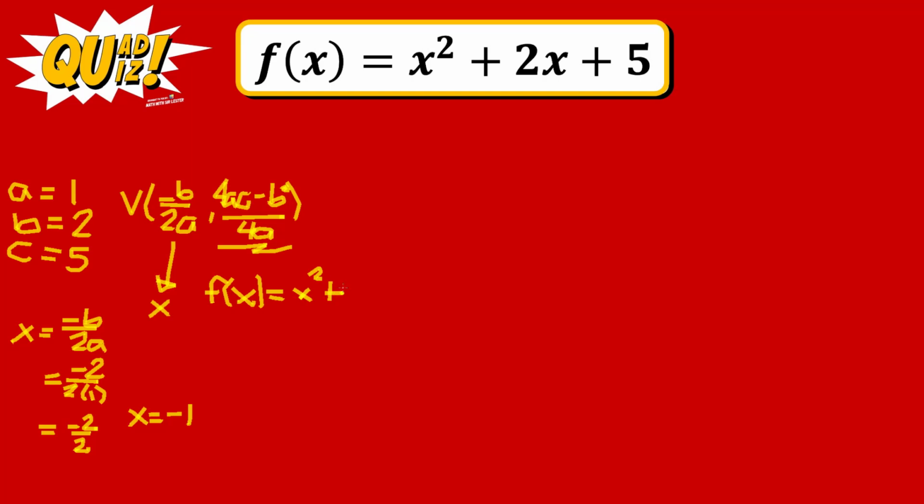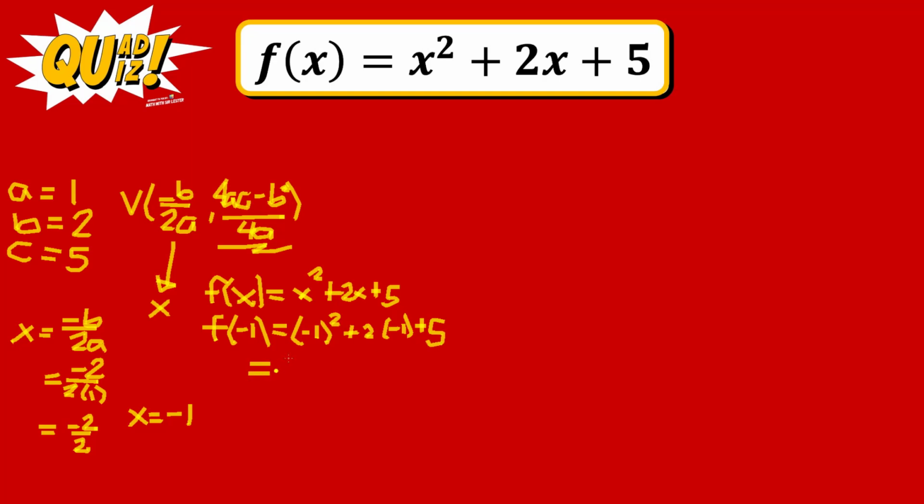So we can solve for this and pair it with our x-coordinate for a single point, specifically the vertex. So we'll have f of -1. Please don't forget to use parentheses if you're dealing with negative numbers. So the square of -1 plus 2 times -1, and you have plus 5.